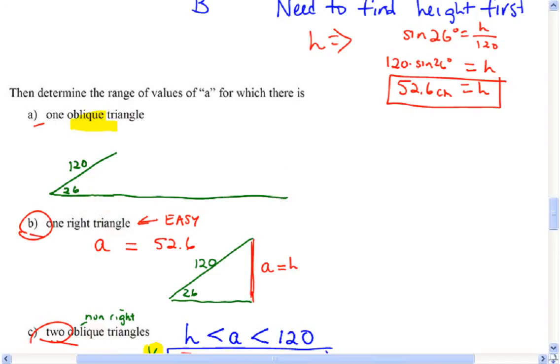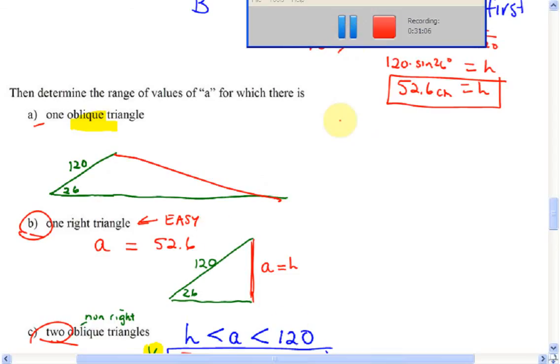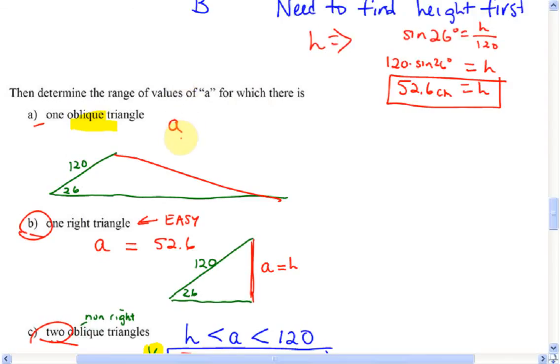So how does this side here compare with that one over there in green? It's longer. So in this last case, the A value has to be bigger than the 120.